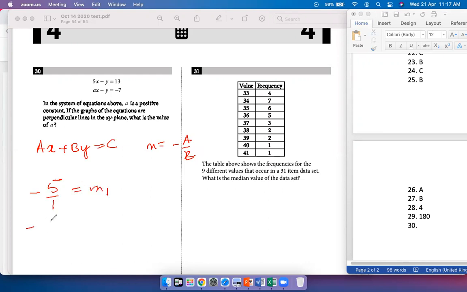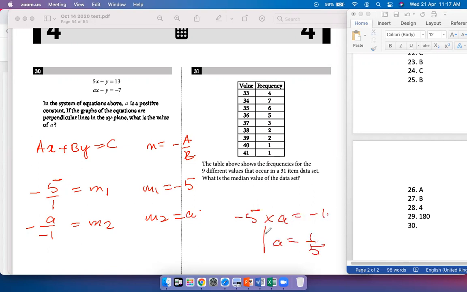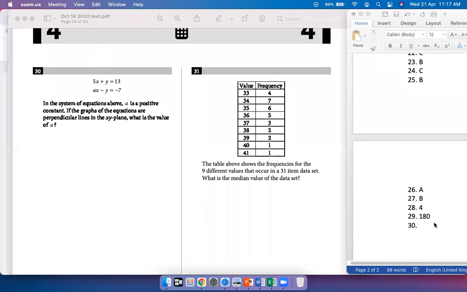And for the second one, it would be minus a by -1. So that's slope 2, right? Because minus a by b. So m1 is -5 and m2 is a. So then -5 into a should be -1. So a should be 1 by 5. So the value of a is 1 by 5, or 0.2.